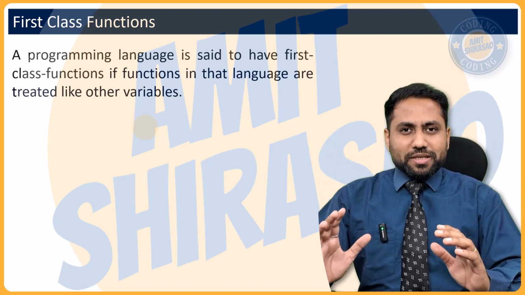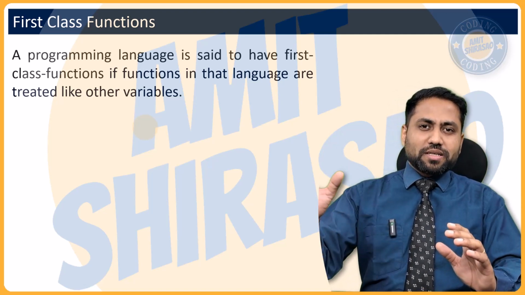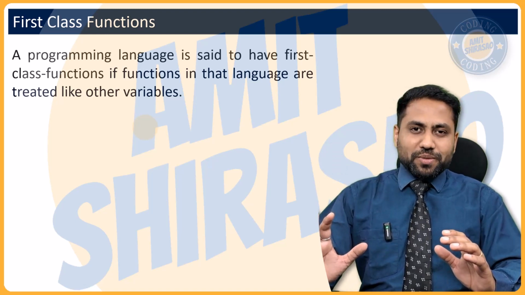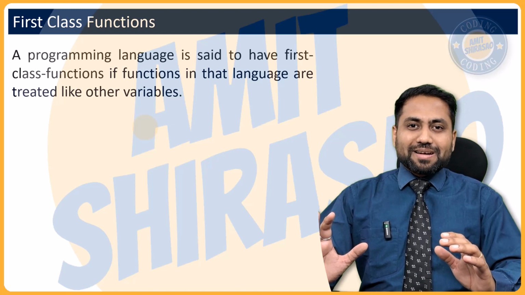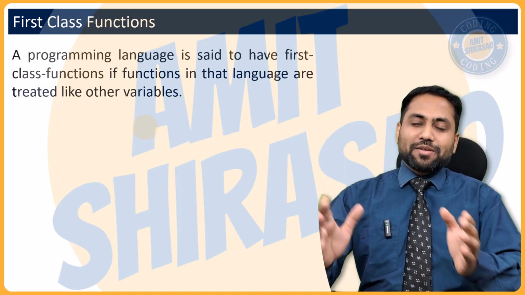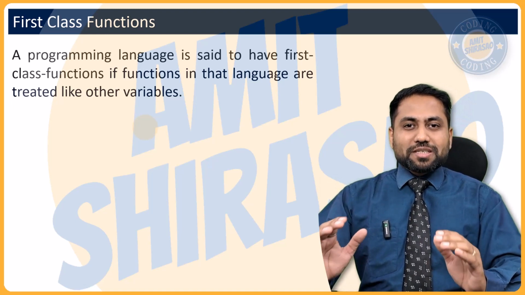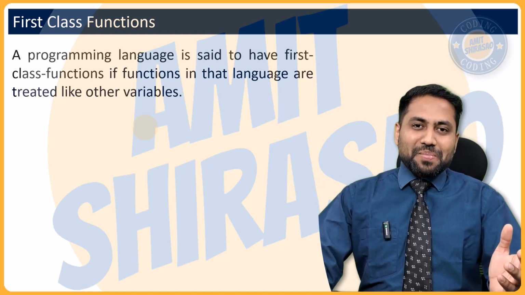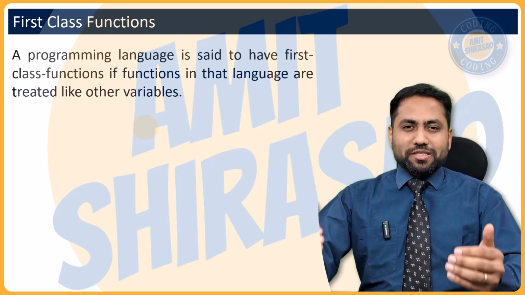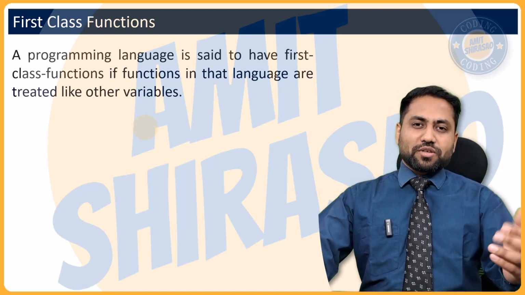Like it is often said about America that a certain community is the first class citizens of America. The police won't catch them. They have the privilege. They are the privileged class. So first class citizens. Likewise, functions are first class data types, you can say, in JavaScript. And alternatively, you can also say that JavaScript has first class functions.